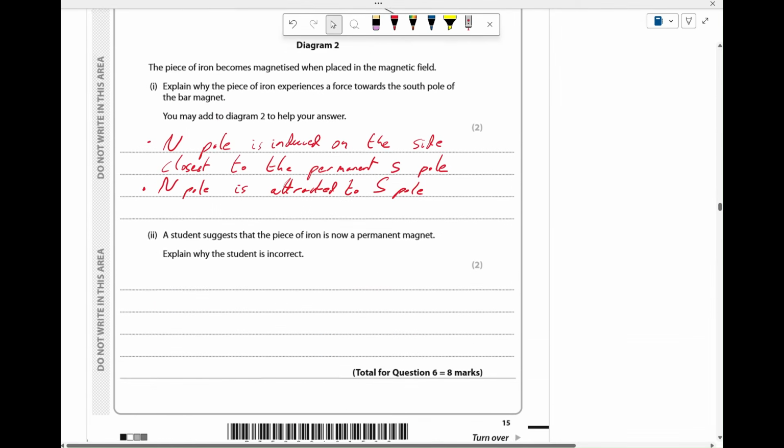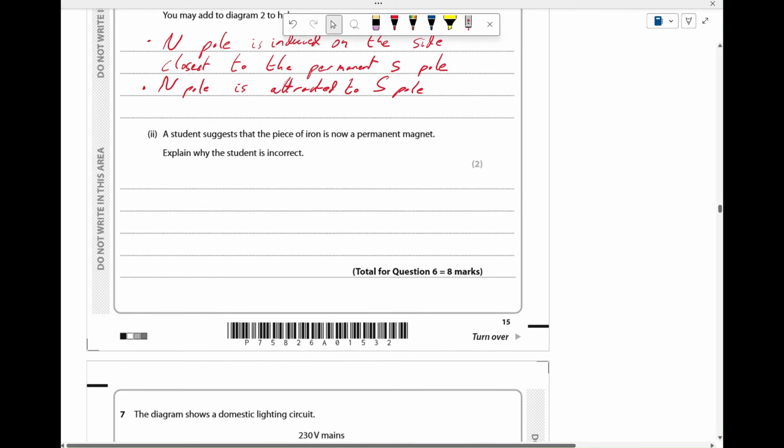Okay, so opposite poles attract. The student suggests the piece of iron is now a permanent magnet. Okay, now iron is a soft magnetic material.